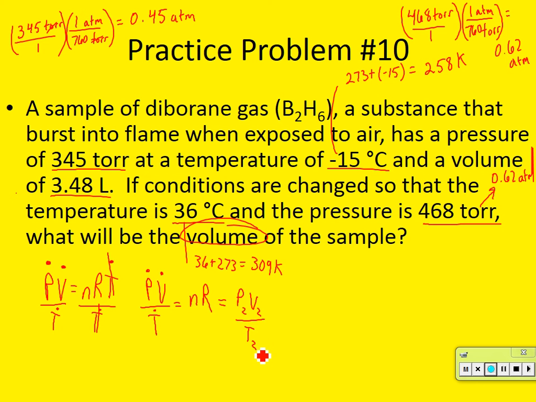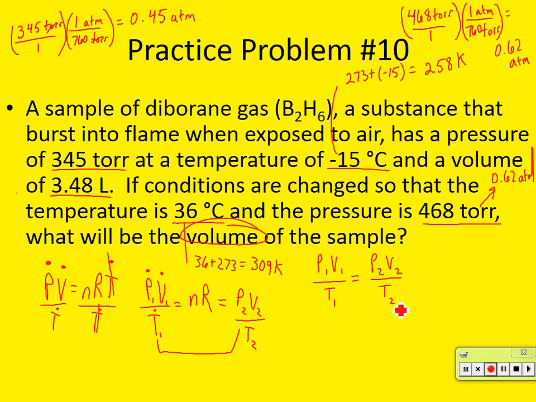And I call everything with a dot 1. Okay? So again, if A equals B and B equals C, how do these two things relate? They're equal to each other. So let's write that formula. So P1, V1 over T1 is equal to P2, V2 over T2.